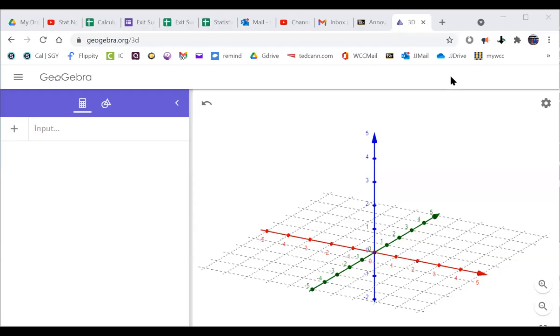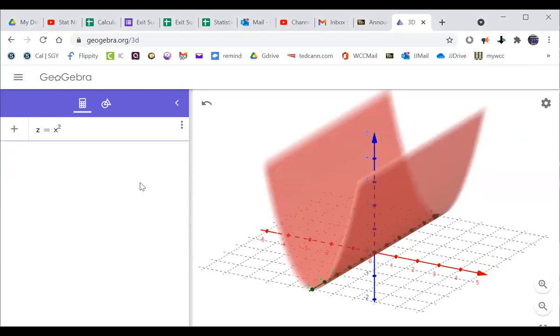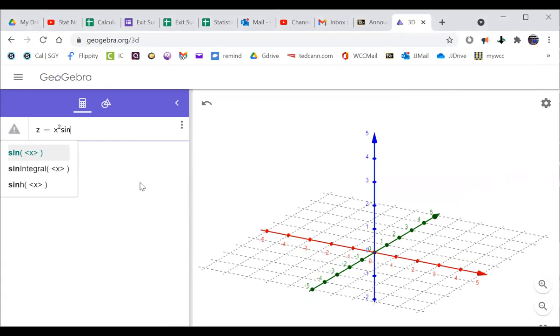All right, so I'm going to type in the equation. Z equals the one from the example, x squared. In case you want to know what x squared looks like, we played with that a little bit, so that shouldn't be too much of a shock. Sine of, let me get a division bar here, pi times y over 6.